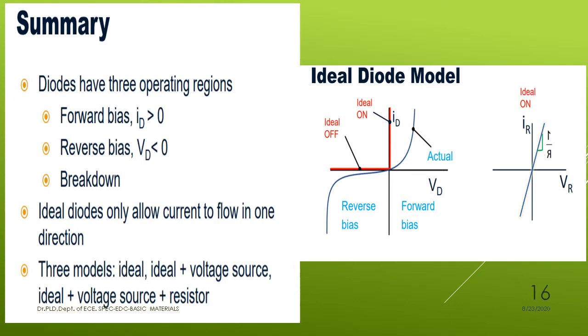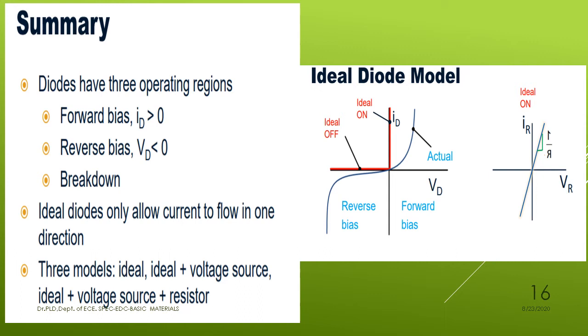Okay, that's a summary. You can see here diodes have three operating regions. The first is forward bias. Whenever the diode is in forward bias, the diode current ID is greater than 0. Whenever the diode is in reverse bias, VD, that is the voltage drop across the diode, is less than 0.